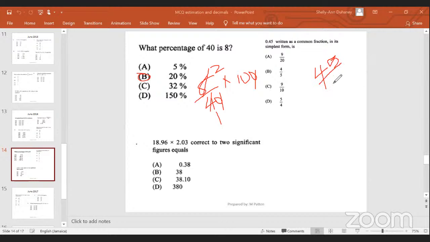Yes, Miss, A. So let us cancel now. 5 into 45 is 9, and 5 into 100 is 20. Can't simplify any further. So the answer is A.